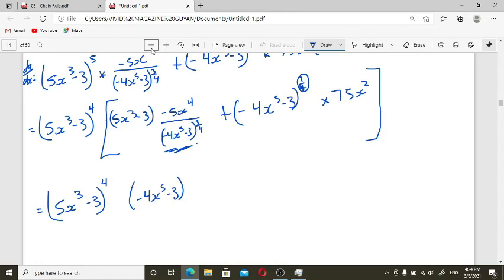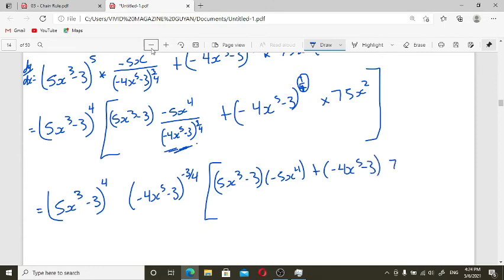Oh, I think I understand now. Minus 3 over 4 because I'm actually carrying it up. Yeah, I think I understand it now. So give me 5x cubed minus 3 times the minus 5x to the 4th, plus minus 4x to the 5th minus 3 times 75x squared.